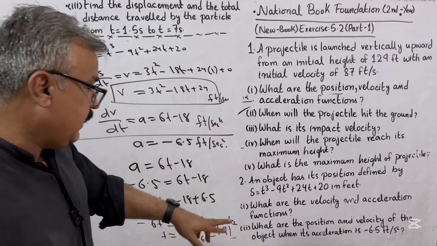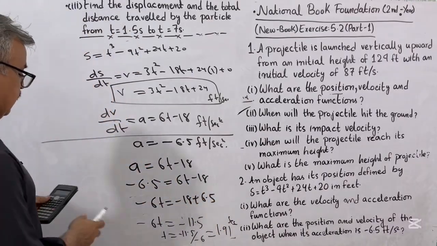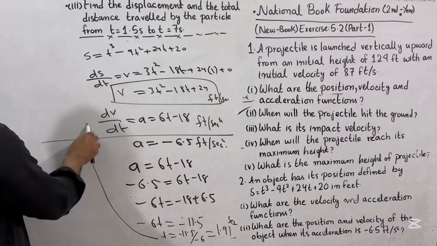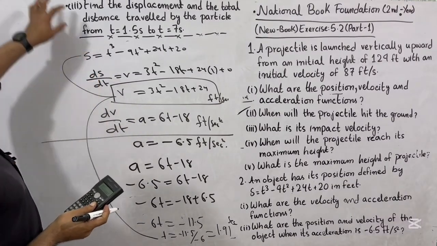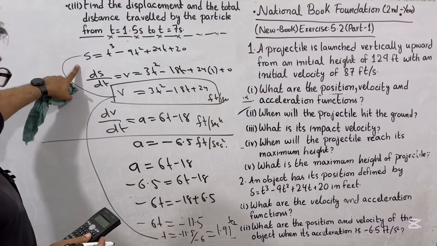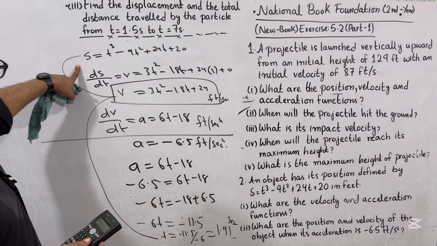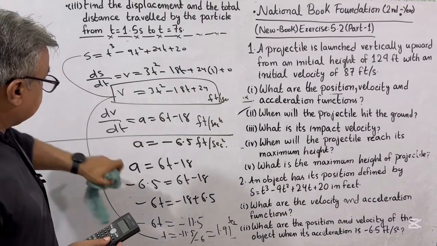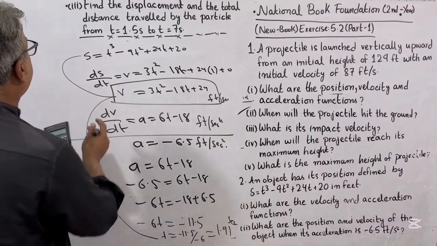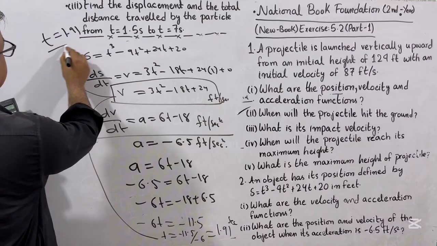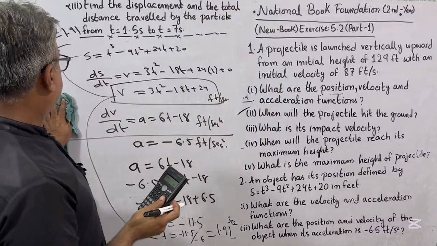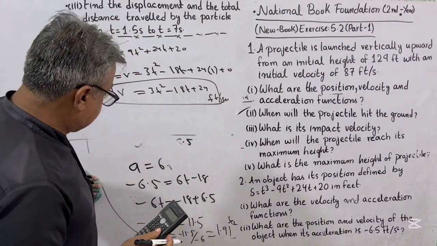Now we are asked to find its position and velocity. Put this value of t in the velocity function as well as in the position function. Let's see and find out. Our t is 1.91 seconds.